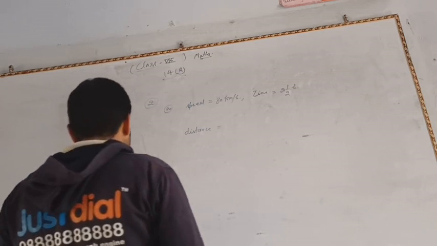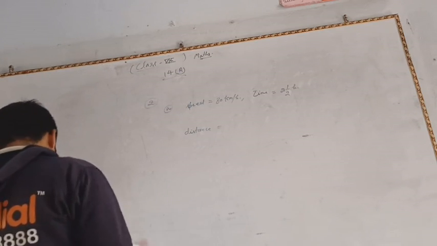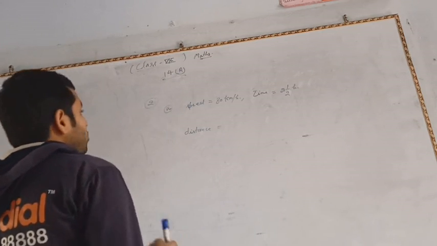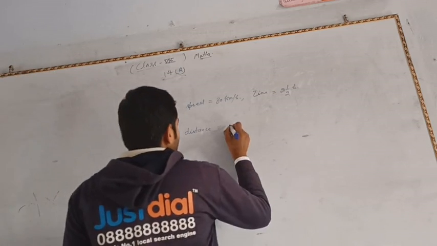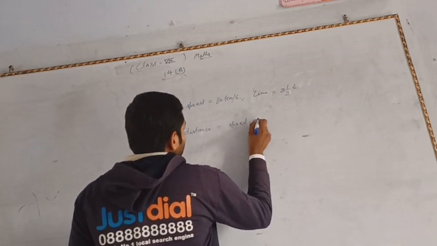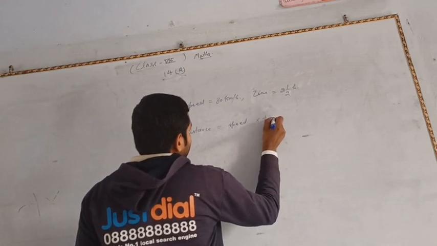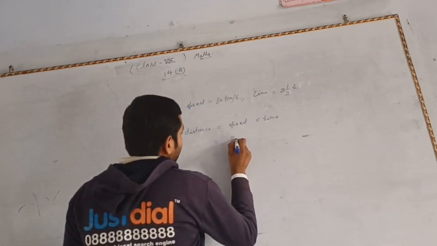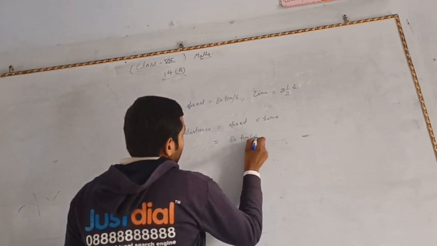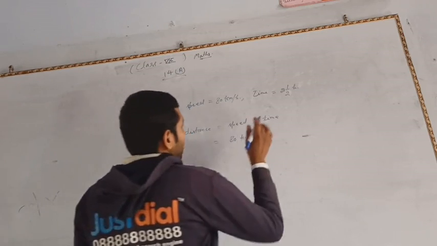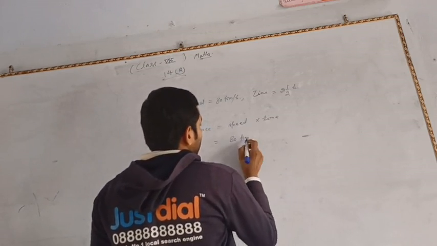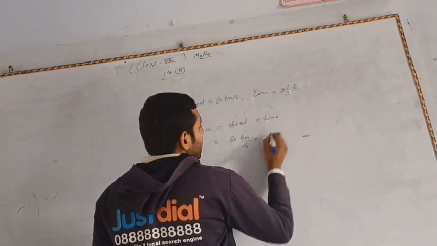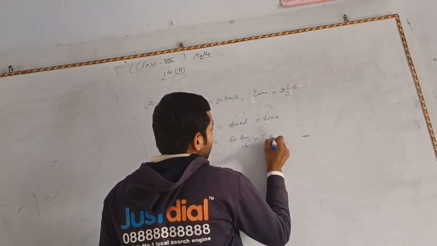speed is equal to distance upon time. So distance is equal to speed into time. Speed into time. From here you find that 80 kilometer per hour is your speed, and also here given that time is equal to 2 to the power 1, 5 by 2 hour.